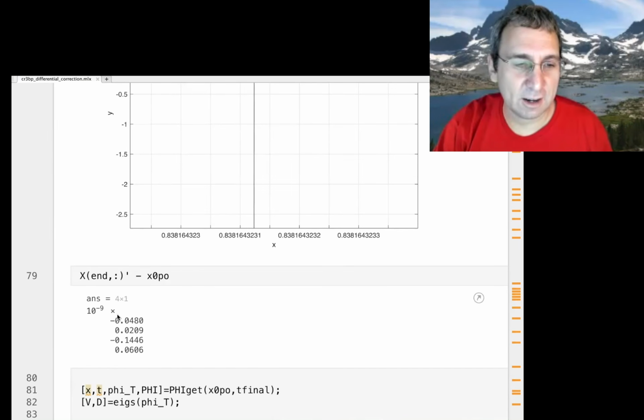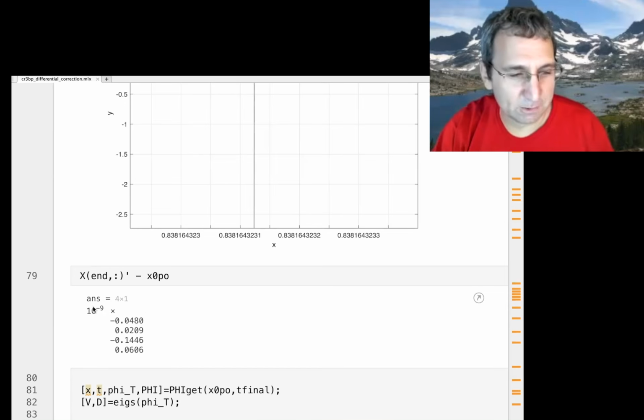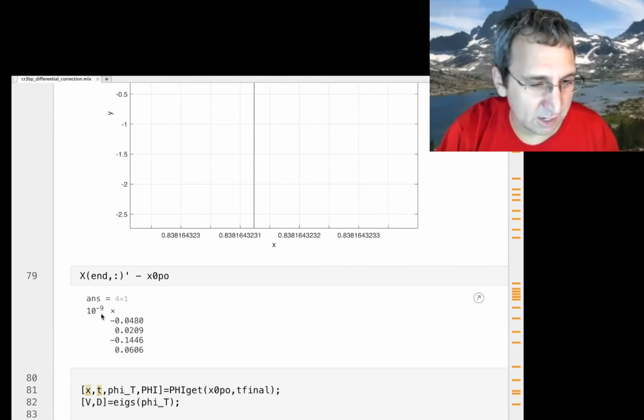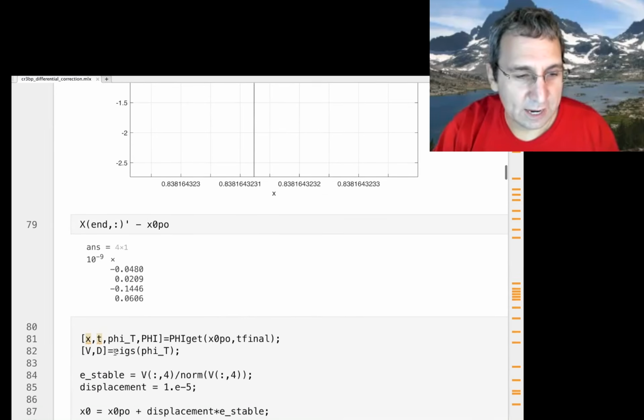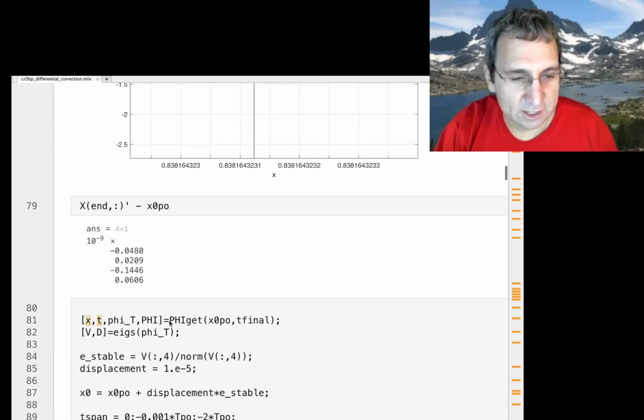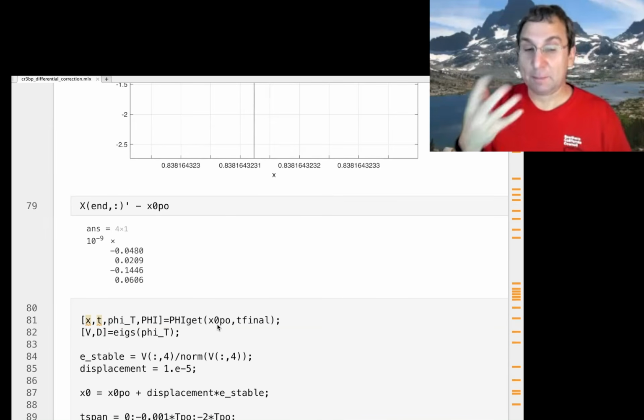This is 10 to the negative 9 times something. So that magnitude is pretty small. I put in that it should be around 10 to the negative 10, and it pretty much is. So now I use this code, this thing called PhiGet, which computes capital Phi.